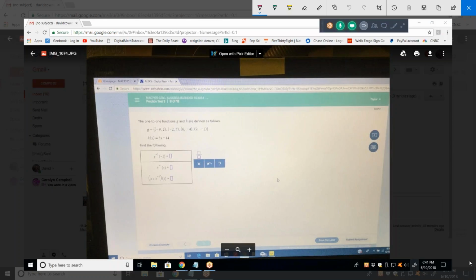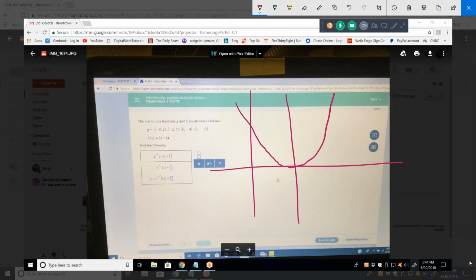You know how to tell if something is a function, right? What's it got to do to be a function? It has to pass the vertical line test. No matter where I draw a vertical line, I only get one value of y.